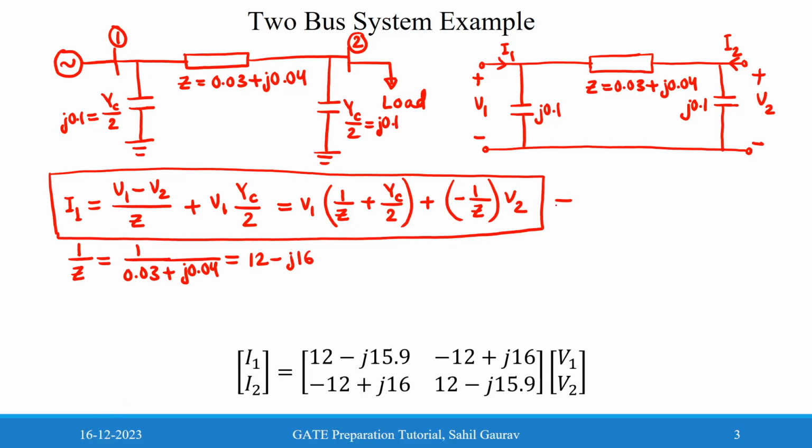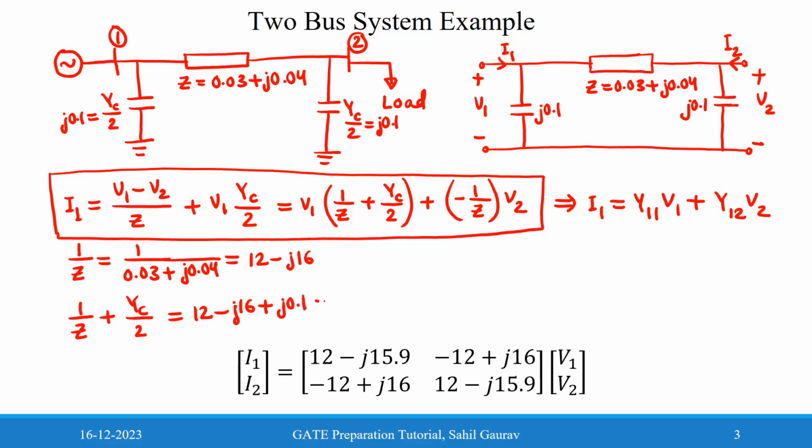Here we can say that I1 is equal to Y11 V1 plus Y12 V2, and the first element is 1 divided by Z plus YC divided by 2. So it is 12 minus j16 plus j0.1, which is 12 minus j15.9.